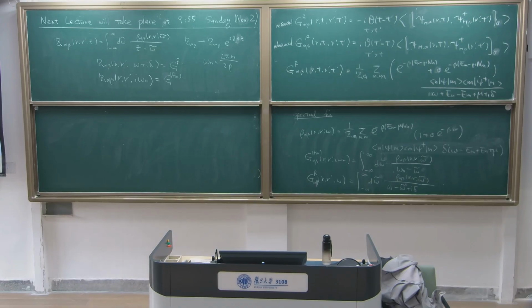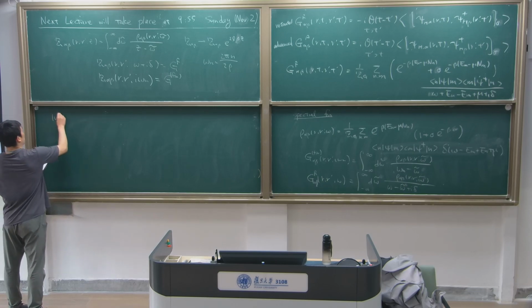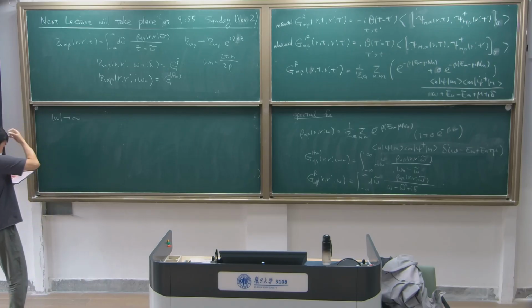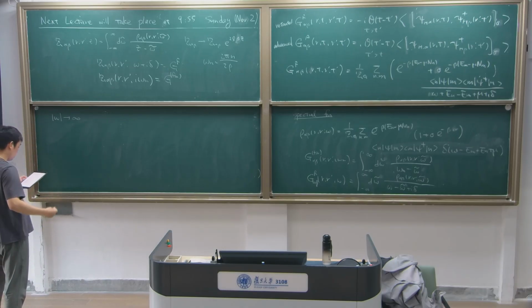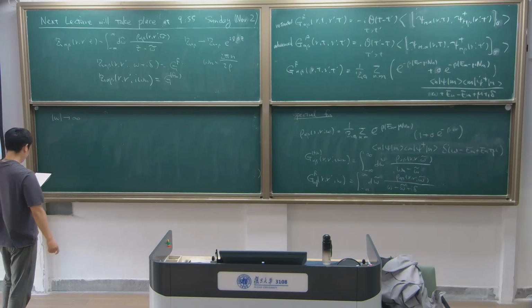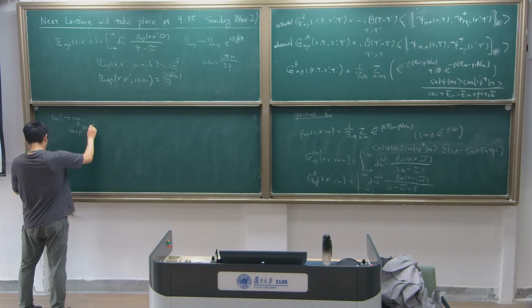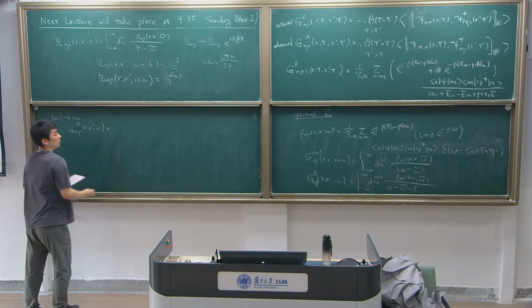We can show that when this omega goes to infinity, G alpha beta goes as an inverse power of omega.